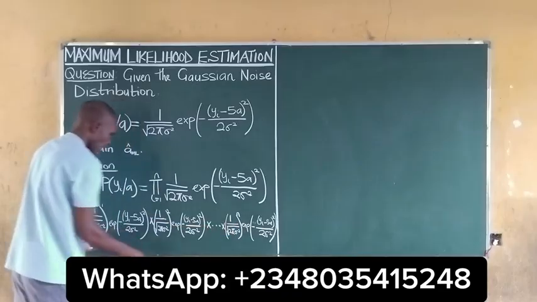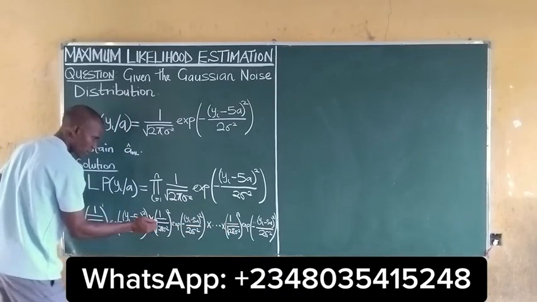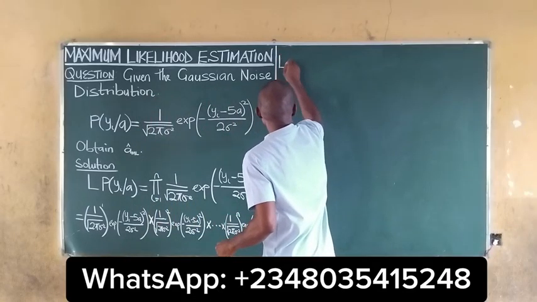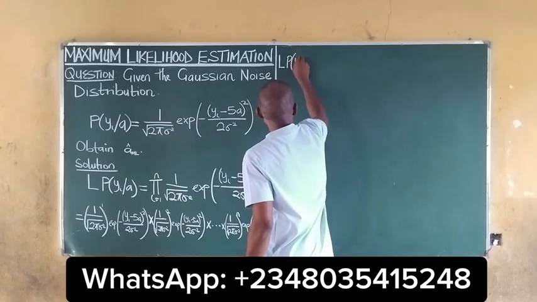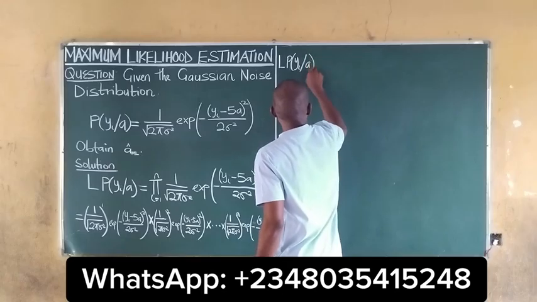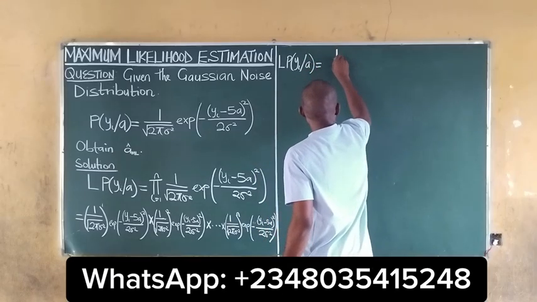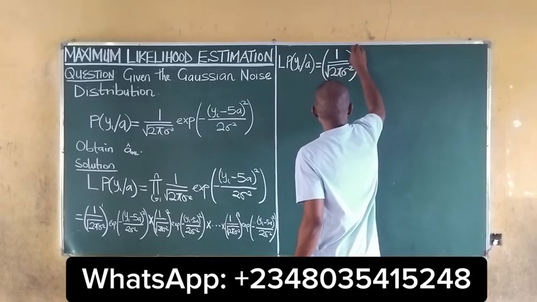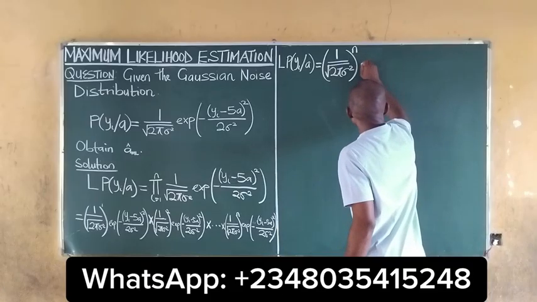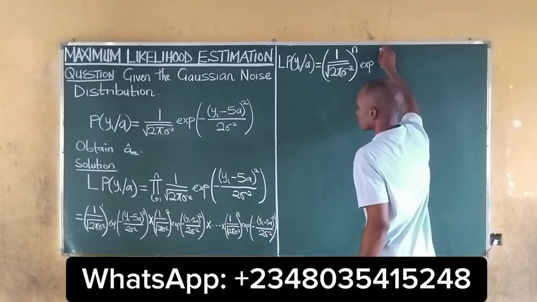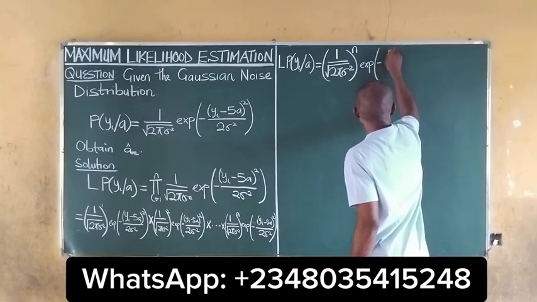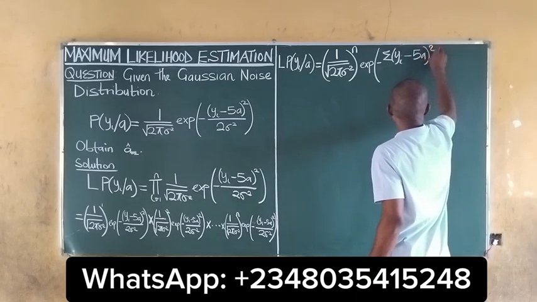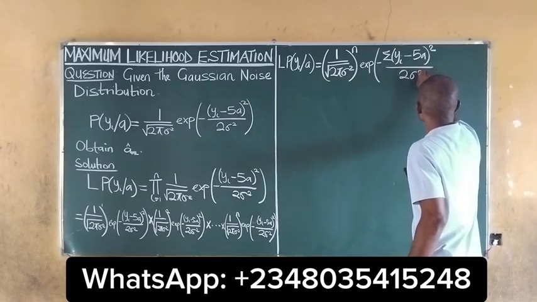If we put the whole of these things together, that means if we multiply this, we take the product sum, we'll arrive at our likelihood function of P yi a to be equal to 1 all over square root of 2 pi sigma squared raised to the power of n, exponential negative summation of yi minus 5a squared all over 2 sigma squared.